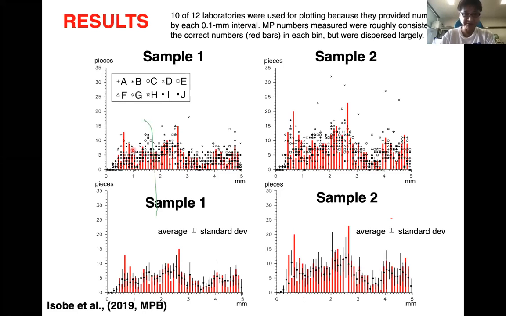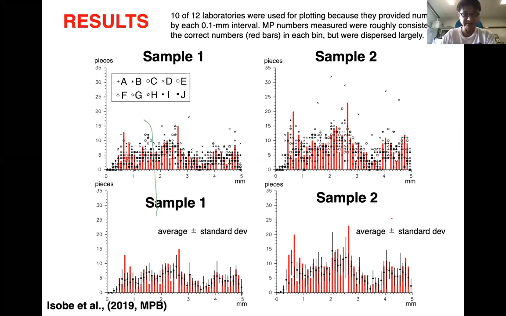And this mark shows the number. The horizontal axis means the size of each microplastic, and the ordinate shows the numbers.